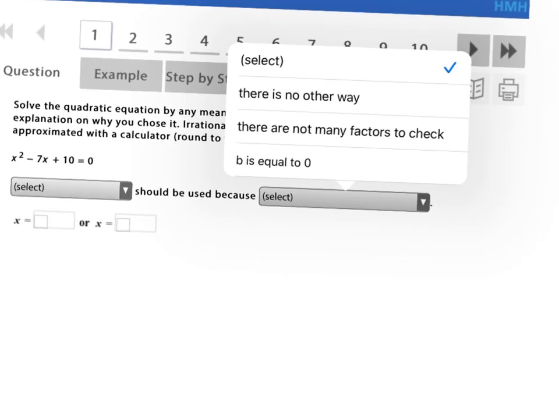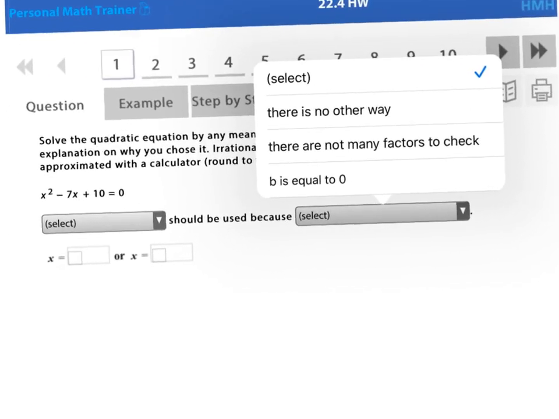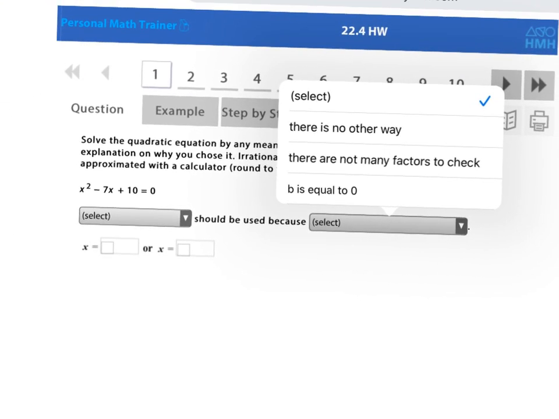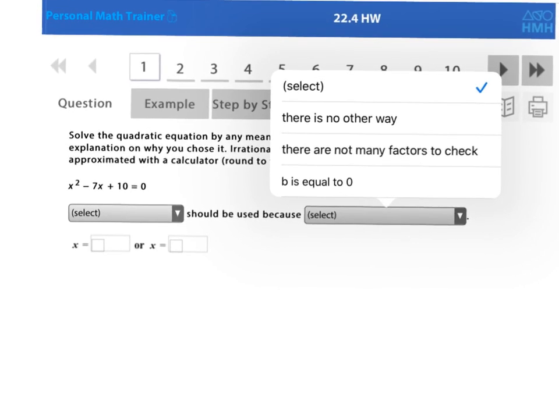So this is the first example problem on the homework. The difficult thing about this particular assignment is you're trying to figure out what is the most effective way. So this is the second grouping of reasonings behind it. I'm going to point out some things to you. If b is equal to 0, you want to take the square root, because that means there is no x term.